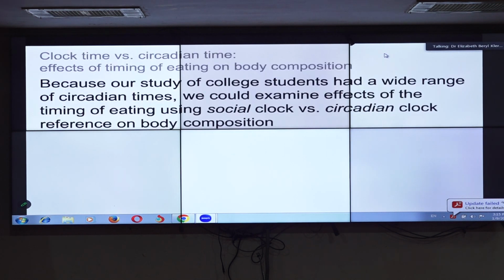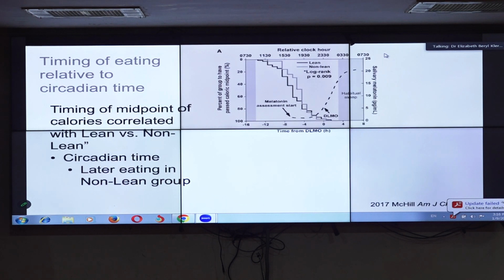Another example is an extension of this idea of clock time versus circadian time. Because that study of college students had a very wide range of circadian time, we can examine the effects of timing of eating using the social clock and the circadian clock timing as a reference, to see if the timing of eating affected body composition, or in other words, whether or not students were lean or non-lean, for example, obese.